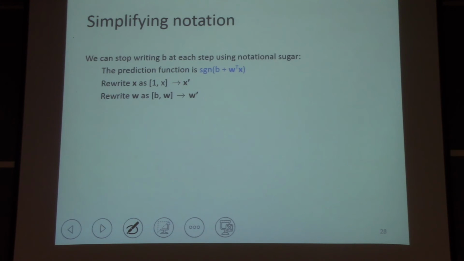Remember that the prediction that we have is sign of w dot x plus b, right? What I will do is, given an example x, which is some n-dimensional vector, I'm going to deterministically add a new feature whose value is a constant, always 1: 1, x1.